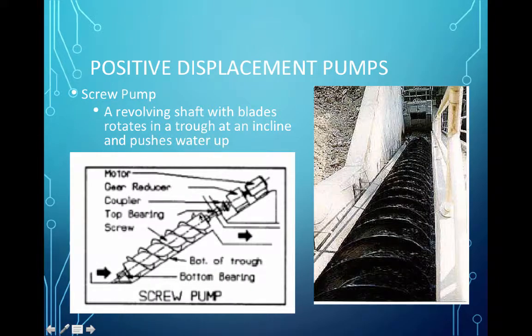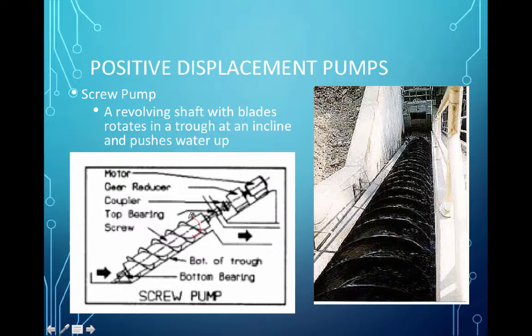So here's a sketch of a screw pump. In this particular sketch, there are these auger things, or they're called flights. The pump rotates. I have a hard time visualizing this in 3 dimensions.